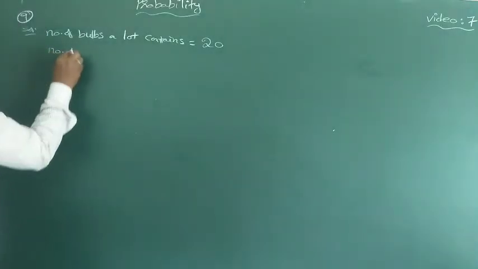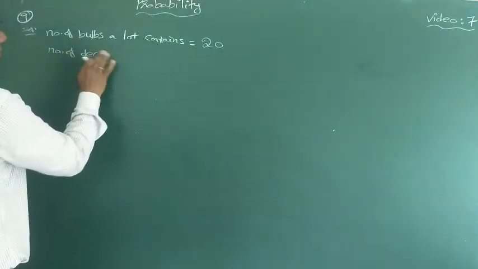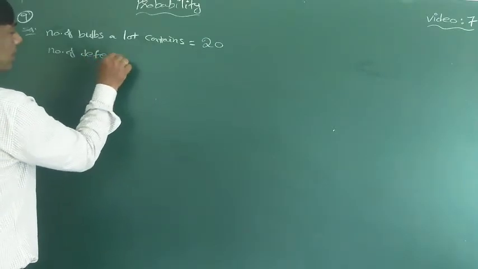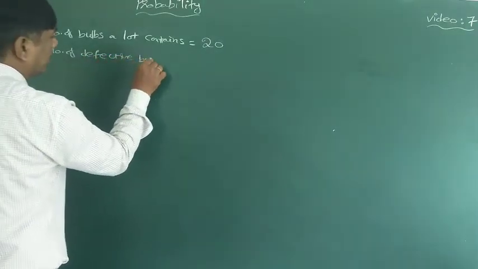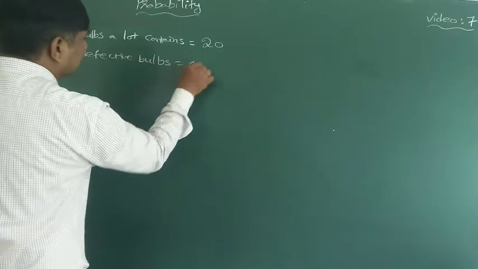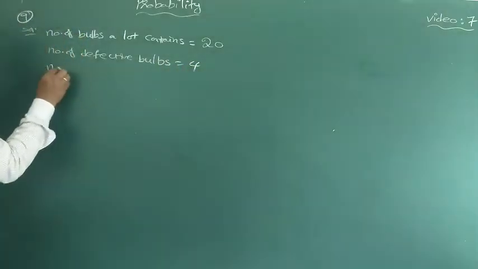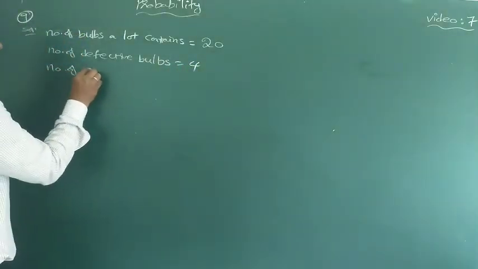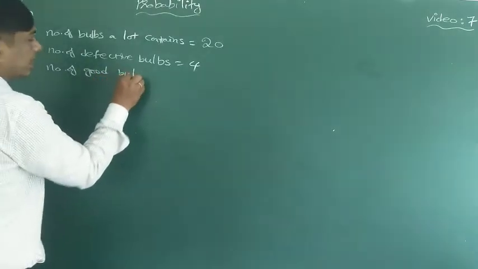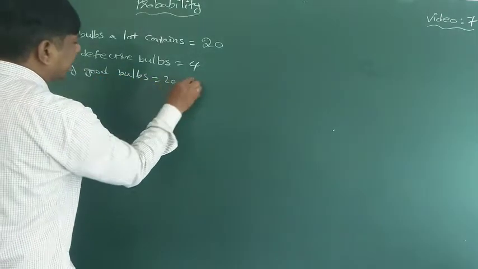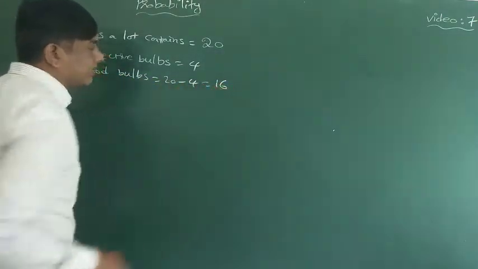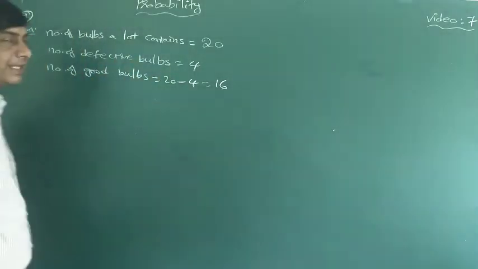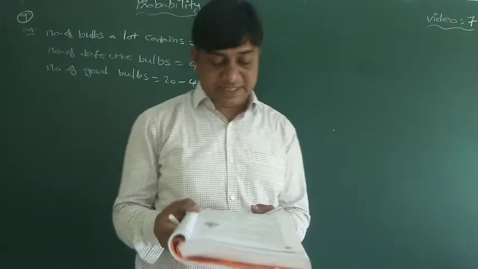Number of defective bulbs is equal to 4. Then the number of good bulbs is equal to 20 minus 4, which is 16. The 4 defective are there, and the rest, 16, are good.